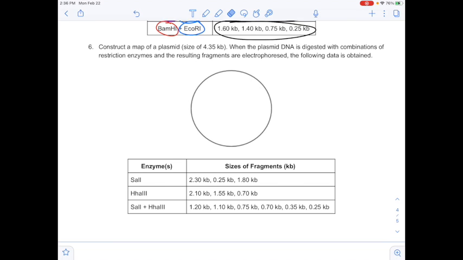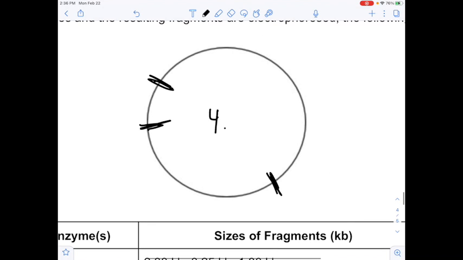So for instance, Sal1 would make 2 cuts kind of close to each other to make a 0.25 section. That'd be that 0.25 section. And then it's going to make a cut somewhere else to make a 2.3 and a 1.8. So those would be like the Sal1s. The whole plasmid is 4.35.